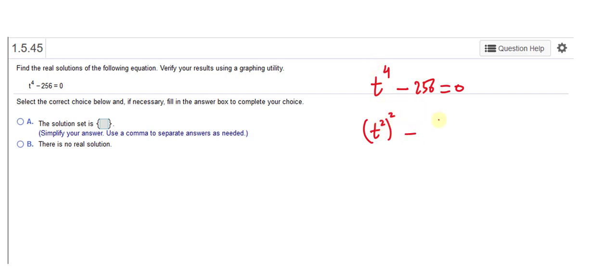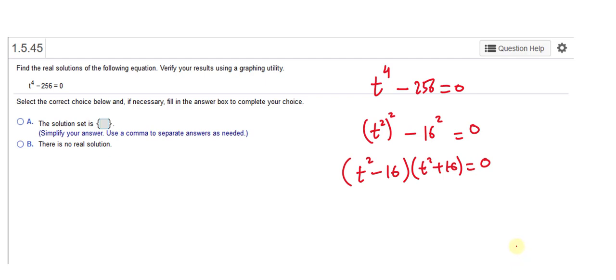Now 256 we can rewrite as 16 squared, because 16 times 16 is 256. Now this is the difference of two squares, which is t squared minus 16 and t squared plus 16 equal to 0.